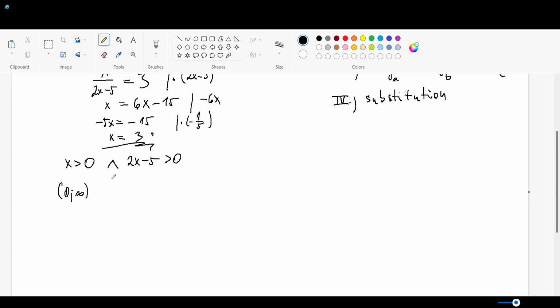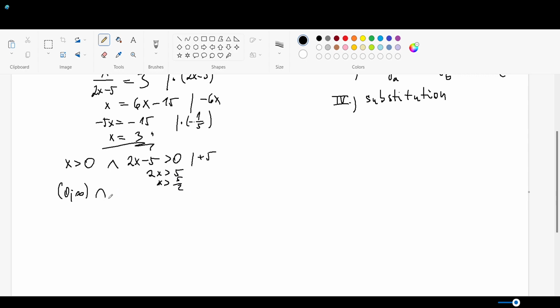We already know from logic and set theory that the AND logical operator means intersection with the next interval, but before I write the interval, I have to solve this linear inequality. So 2x is greater than 5 because of the operation plus 5. It means x is greater than 5 over 2.